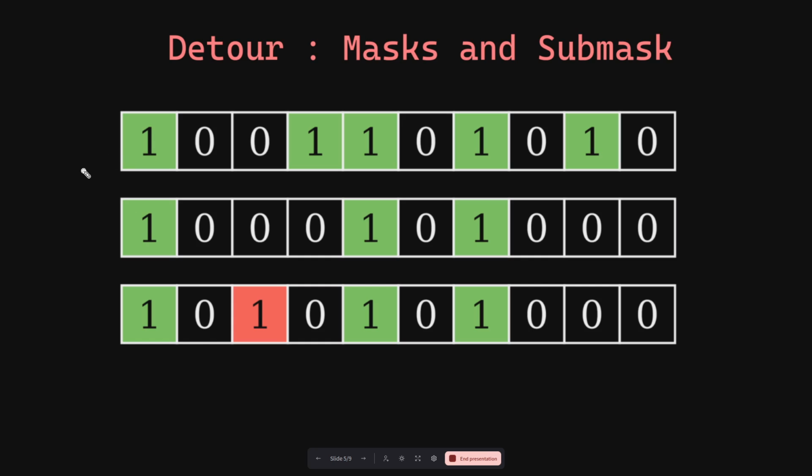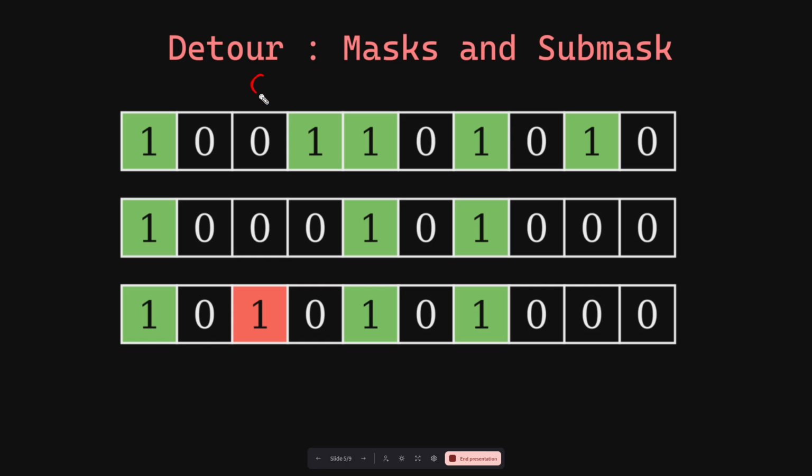And if it is indeed a subset of a subset, then that means that if you have an unset bit in a mask, this submask can never contain a set bit over here. So for example, this element can never be a submask of this mask. Why? Because in this subset the element C wasn't included.